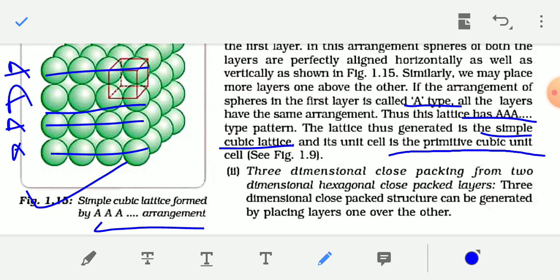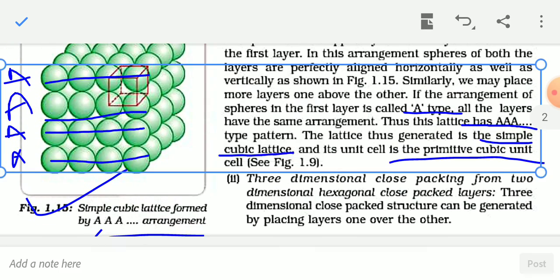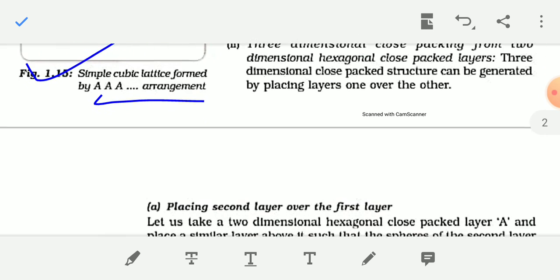Now, three-dimensional close packing from two-dimensional hexagonal close packing.